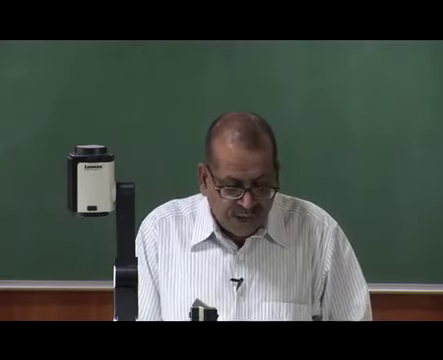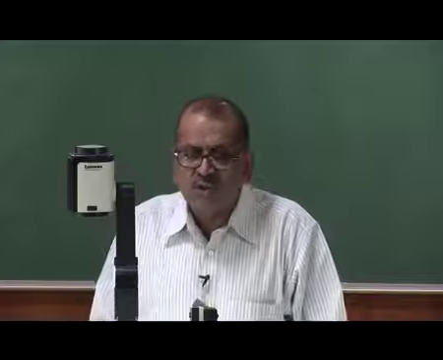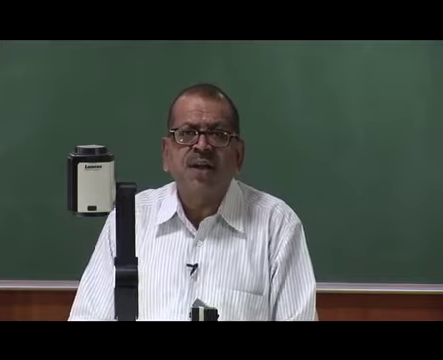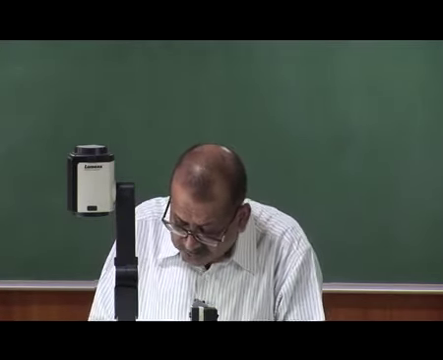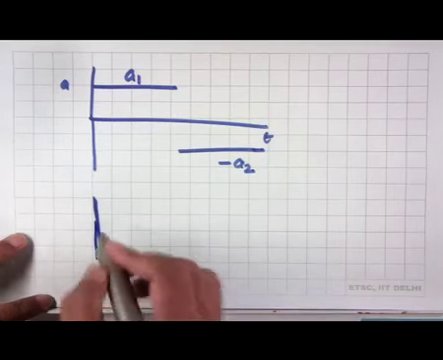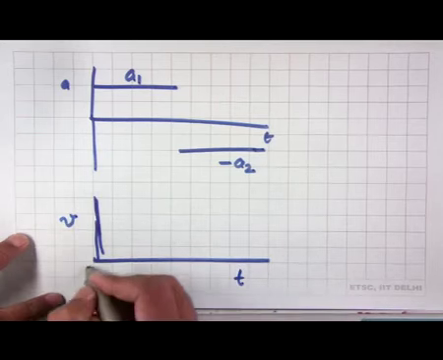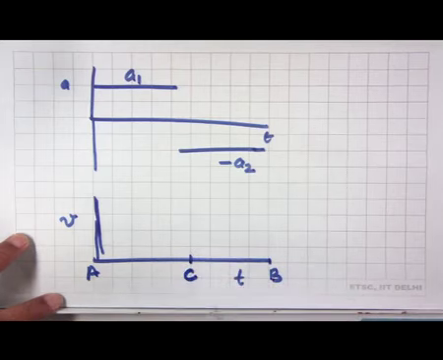And similarly, the slope of the velocity and time curve will give us the acceleration at that point. Now, when acceleration is constant, then the velocity and time curve will be a straight line with a slope equal to the acceleration. So, in this problem, when we plot the velocity and time curve, the train starts at station A, it stops at B, let C be the point where it changes its acceleration.